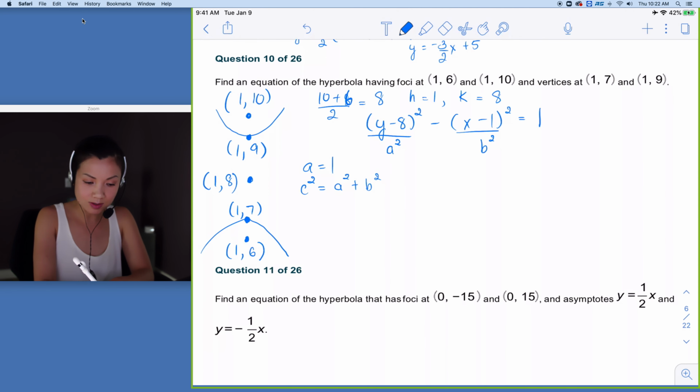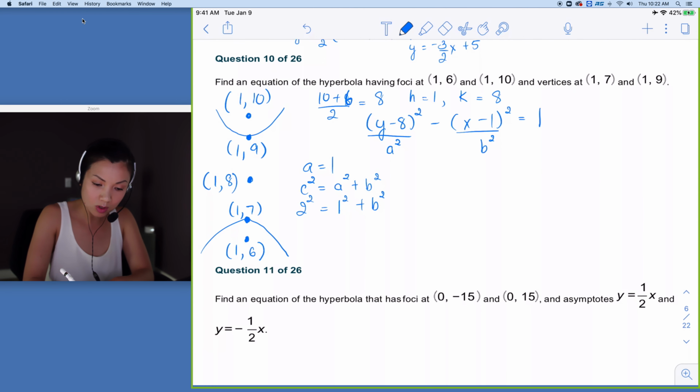Either focus is good. So you see we have from here to here is 2. From here to here is 2 as well. So c is 2. Therefore, we have 2 squared equals 1 squared plus b squared. So you see that b squared is 3.